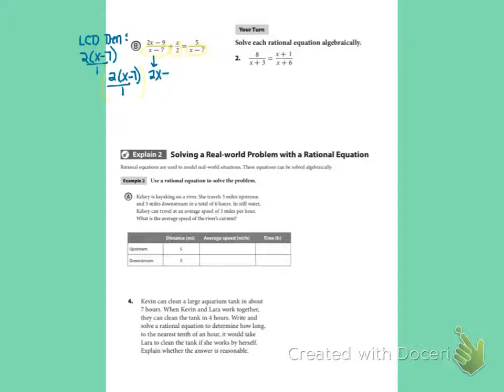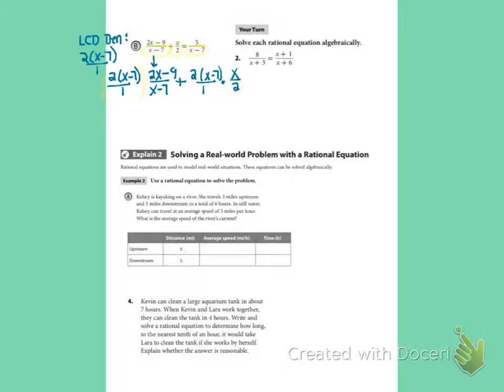It's the least common multiple of the denominators, in other words. And I'm just going to take a second and write each one of these. So again, terms are separated by additions, subtractions, equal signs. But in front of each one of these terms, I'm going to put this factor in there.